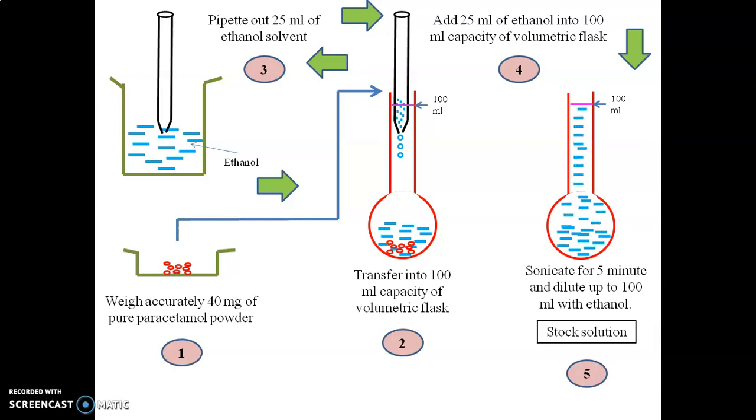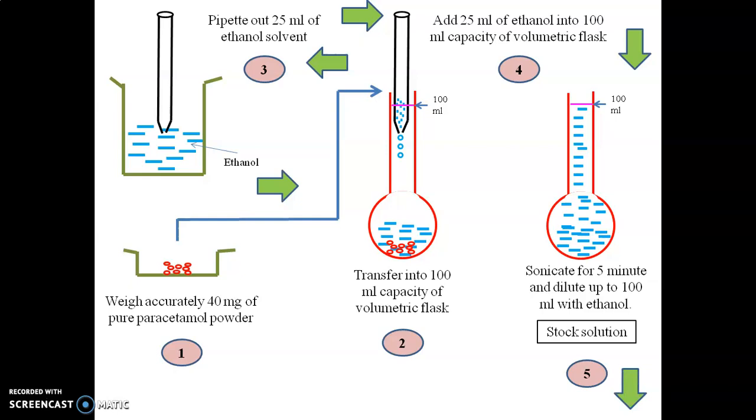Dilution of the solution up to the 100 ml with ethanol we have to do after sonication, and make the label on the volumetric flask as a stock solution of paracetamol.